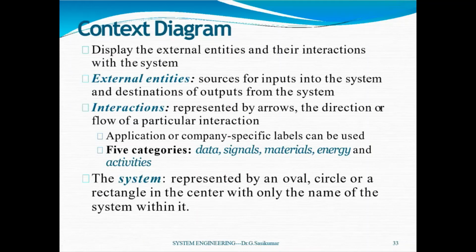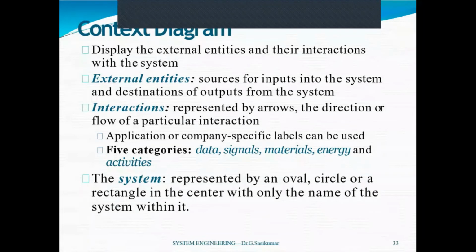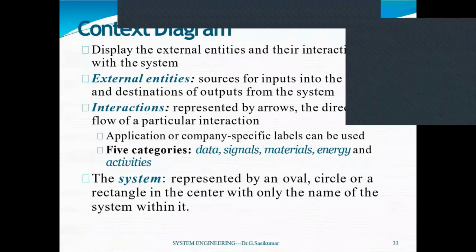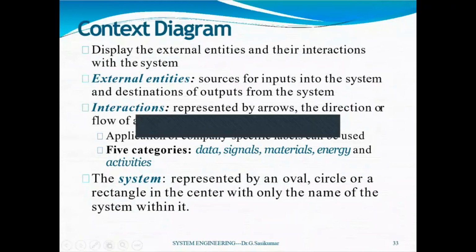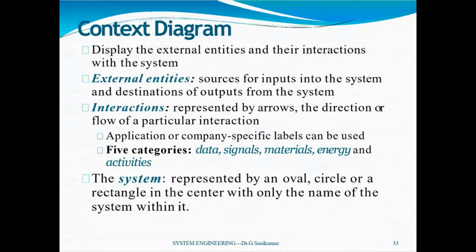And apart from that, we have another interesting concept, the context diagram. So what is this context diagram? It gives a complete display of the external entities and their interaction with the system. Once your job is done, you must have communication with the external world, and how they are interacting with your system.